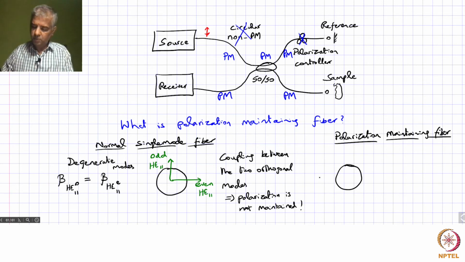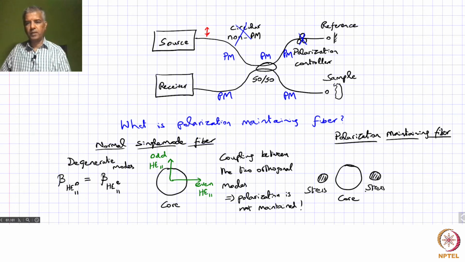That could be ensured by, let's say, having some stress rods in the cladding. Like I talked about, this is the core of the fiber, and these are some stress elements in the cladding right next to the core. That means it's going to produce a strain across this direction, and there is no strain across this direction.